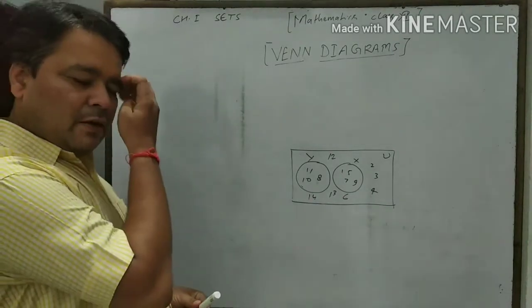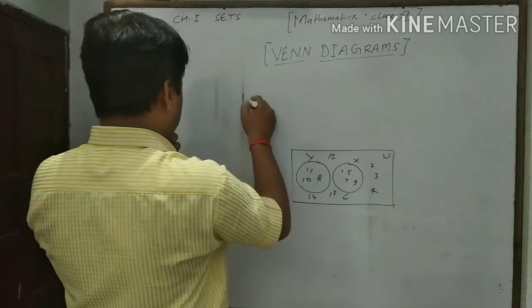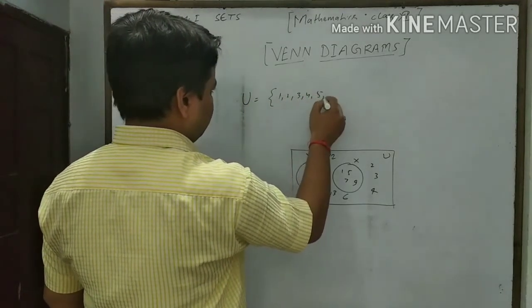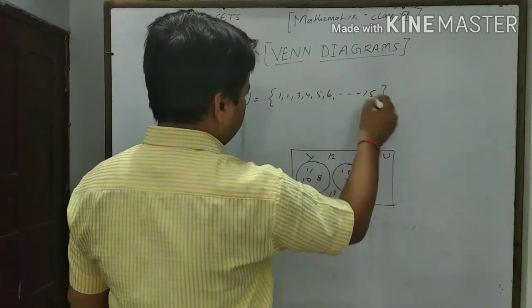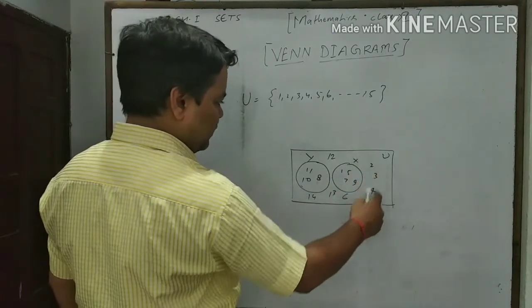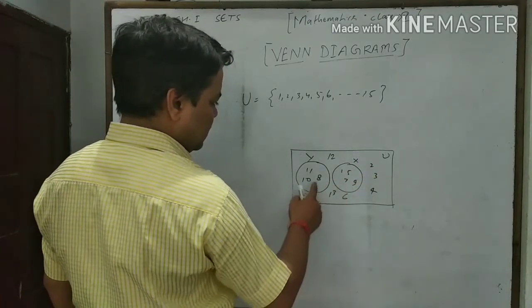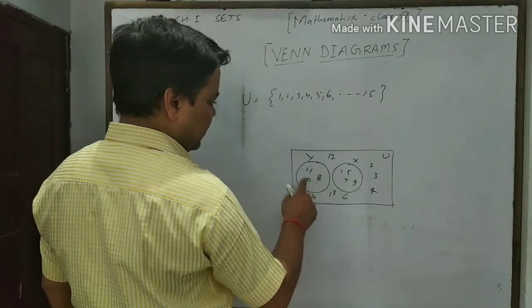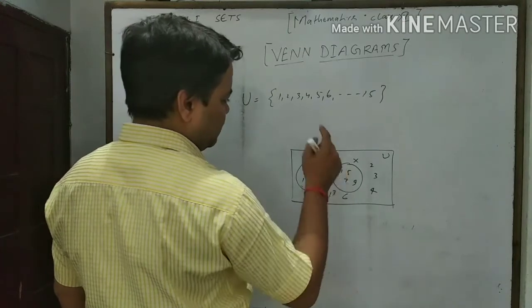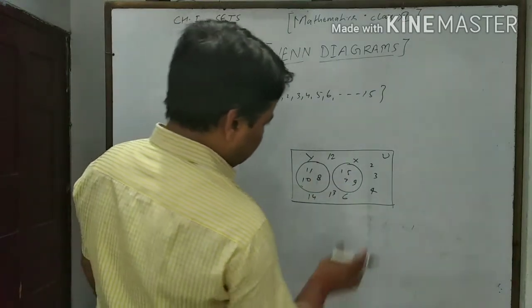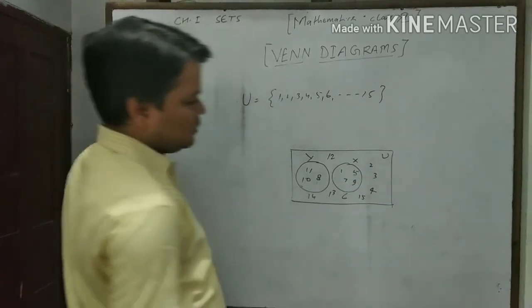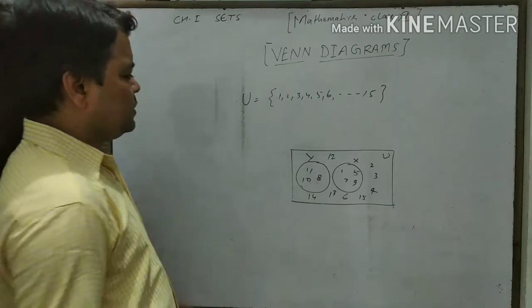So it is very simple to find the universal set U. That is 1, 2, 3, 4, 5, 6 up to 15, all the elements. In this way, this is the universal set.